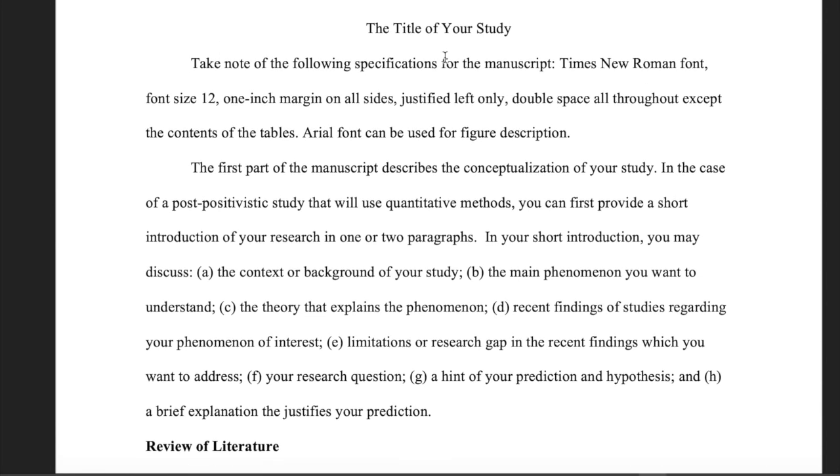The introduction is called an introduction because it introduces the entire paper, and not only the background but the entire paper, including the phenomenon, the theory, the variables, the studies that have been conducted, the limitation of these studies, and the objective of the study, and what the predictions are, what the hypotheses are, and even the justification for such hypothesis.